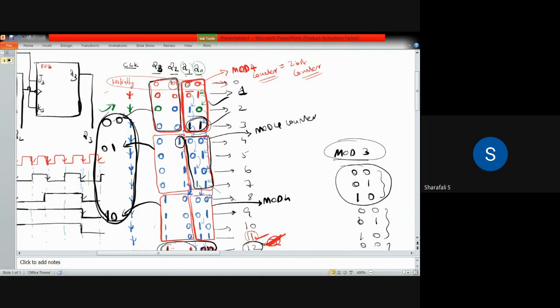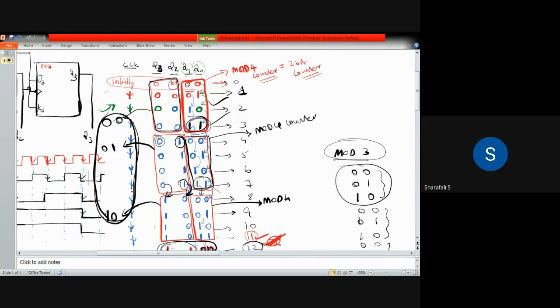We can also see that Q3 does not have any effect for that. And when it comes to the second case, then again this 1 is toggling to 0. That is, Q2 is changing from its state 1 to 0, and this 0 is changed to 1, which means that Q3 is changing from 0 to 1.